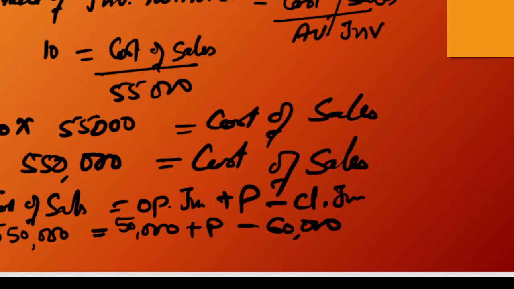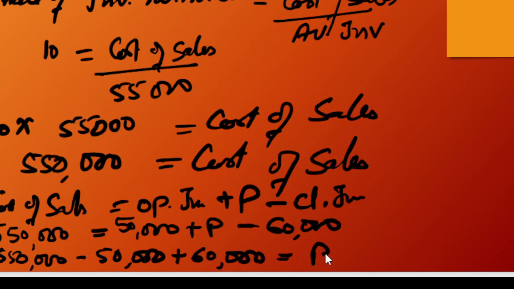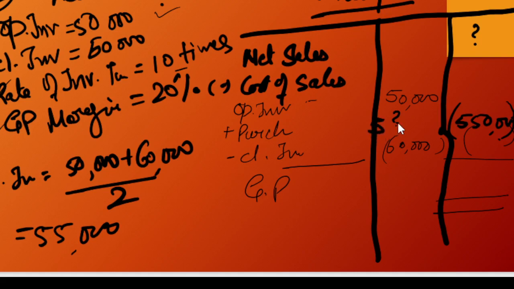So 550,000 minus 50,000 plus 60,000 is your purchases. So 500,000 plus 60,000, purchases is 560,000. Okay, so write down 560,000 here.